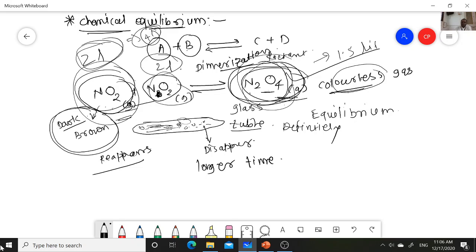At the molecular level, N2O4 is continuously converting into NO2, and NO2 is continuously converting into N2O4. But we can recover this N2O4 from that reaction mixture by a different process, by separation of the gaseous molecules. Next example we will see that.